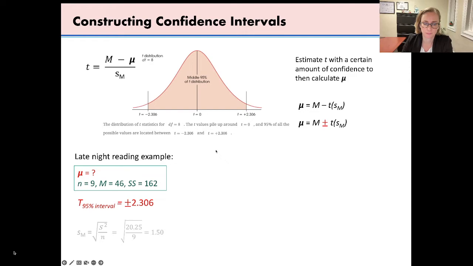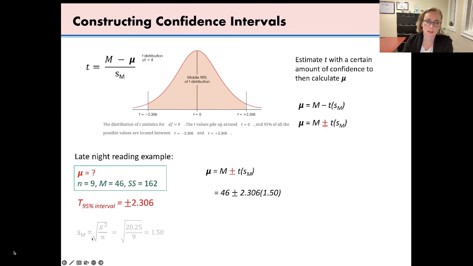Okay. So M plus minus t times the estimated standard error. We have M because we collected that data, 46. T, we don't calculate that. We get that from that critical region, looking up in the table.